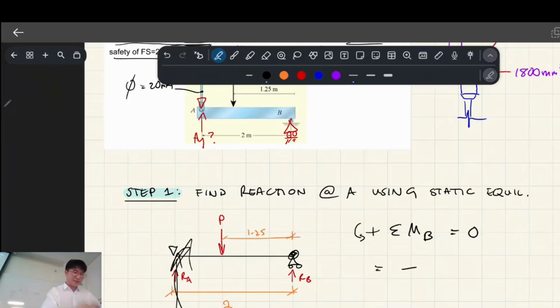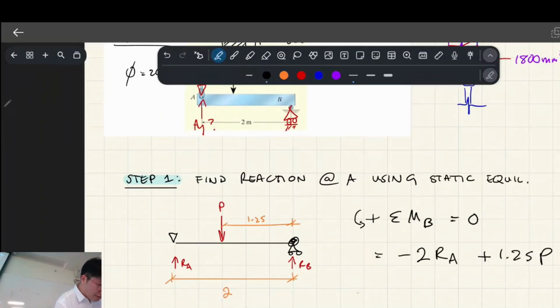for RA, it's going to be negative. So that's the lever arm, -2 RA, and 1.25 P. Does this ring a bell? Okay, cool.